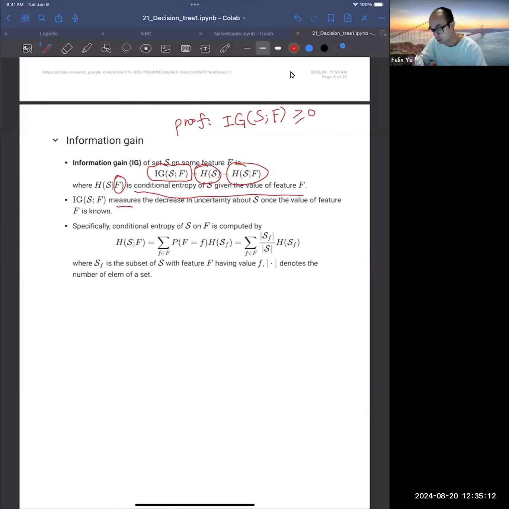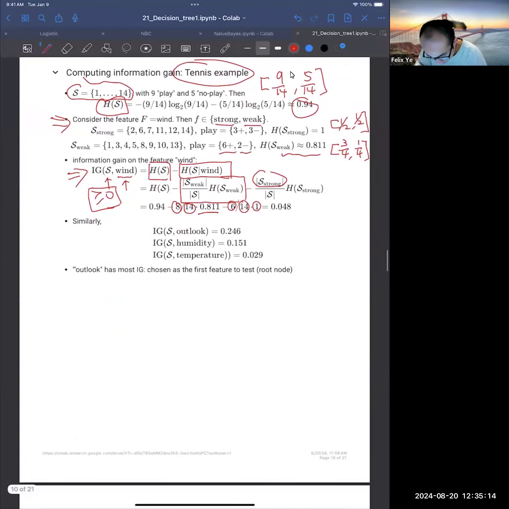So the information gain here is 0.048. Basically, if you happen to know the wind, whether it's weak or strong, the information gain is simply 0.048.